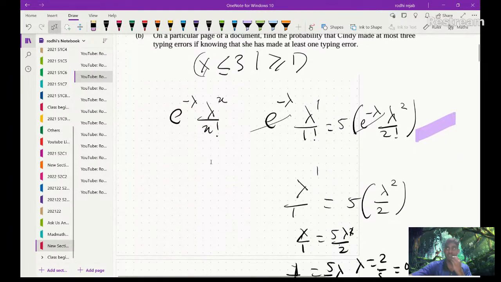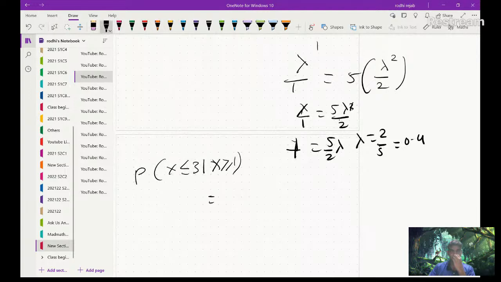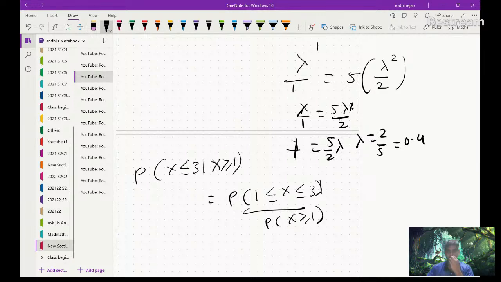To solve this, we have P(X at most 3, knowing X at least 1) equals P(X at most 3 and at least 1) over what's given, P(X at least 1).